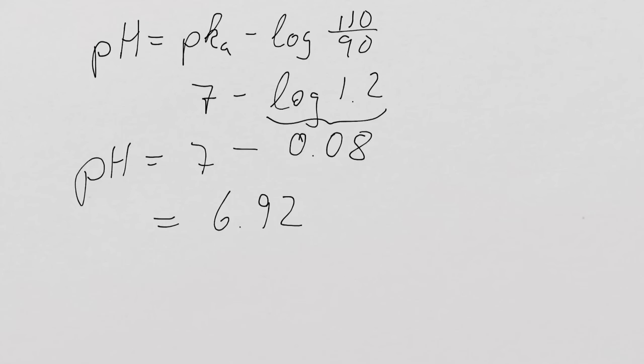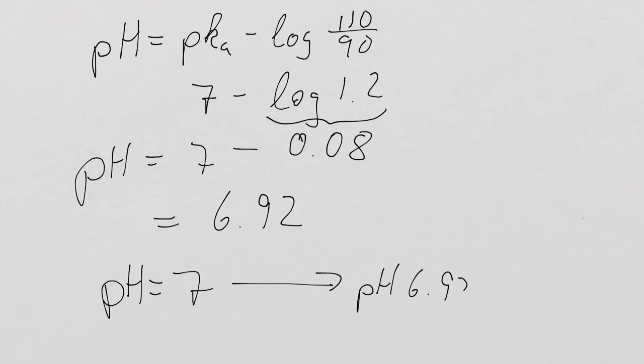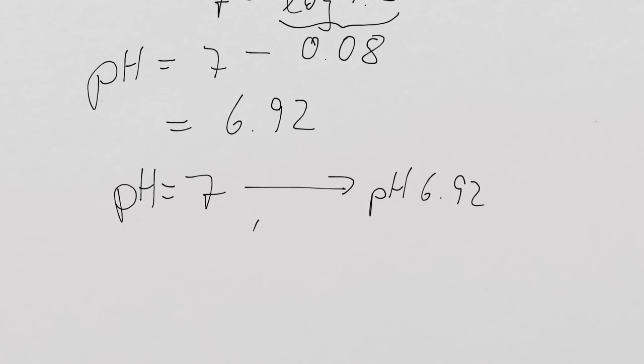We started with a pH of 7. We added our hydrochloric acid, and we got a pH of 6.92. The pH difference is 0.08.